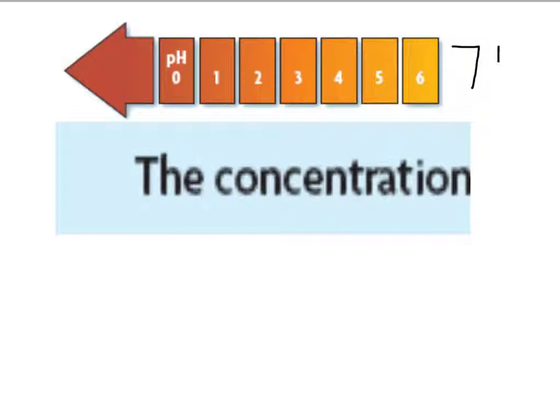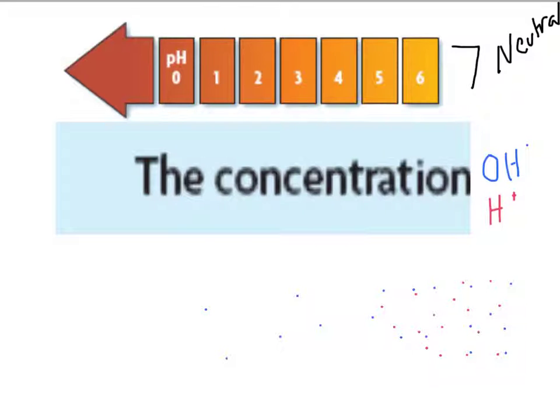If 7 is neutral, and that means that if hydroxide is in blue and hydrogen ions or protons are in pink, then as you go from having basically equal amounts of each at neutral, as you go to a pH that's less and less, there are fewer and fewer hydroxide ions, and more protons, until eventually at 0, it's essentially all protons.